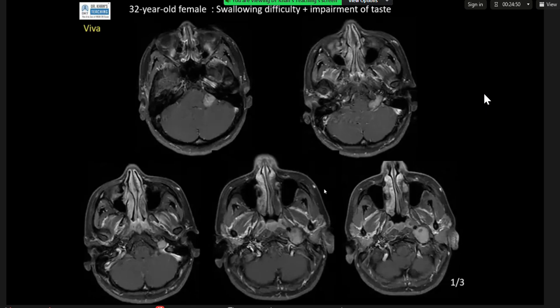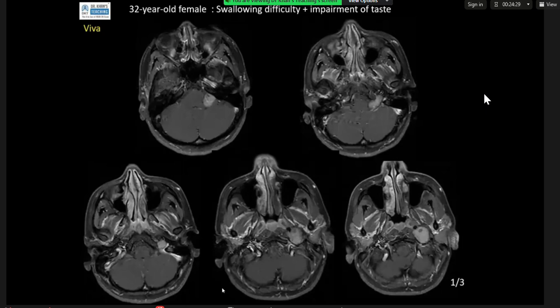So it seems to be in continuation with where you would find the IJV. I think it's where the vessel would exit the foramen. So I think the left IJV is occupying the left jugular foramen.